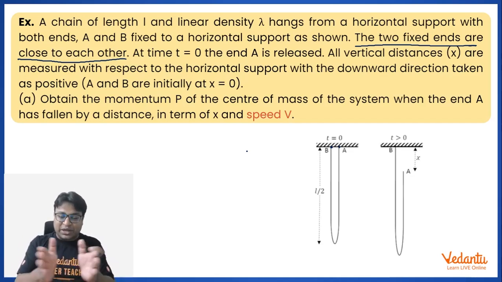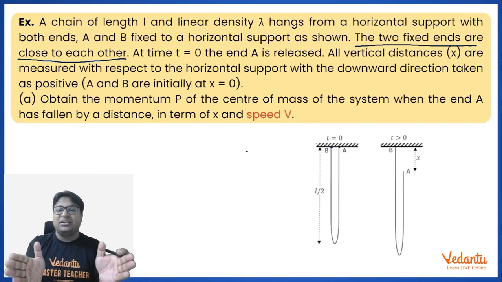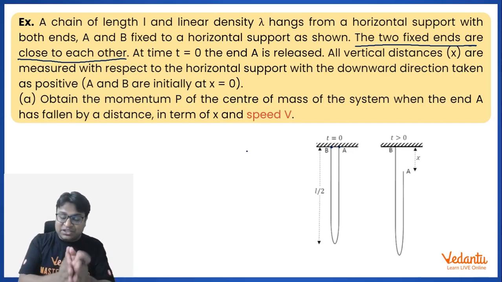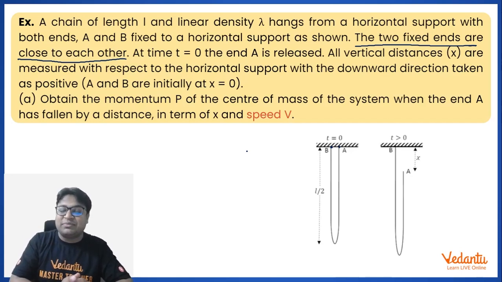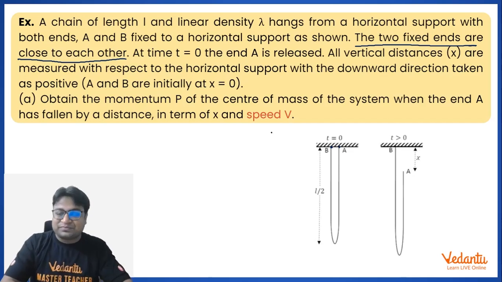If these two ends are distant, then energy is conserved, and if these two are very close to each other, then energy losses take place. So this particular situation is one in which an inherent loss of energy takes place, which is quite difficult to understand unless somebody explains. So let's see if we can discuss that aspect also.